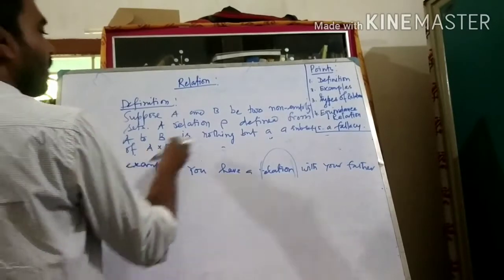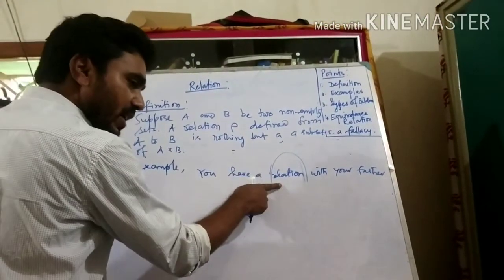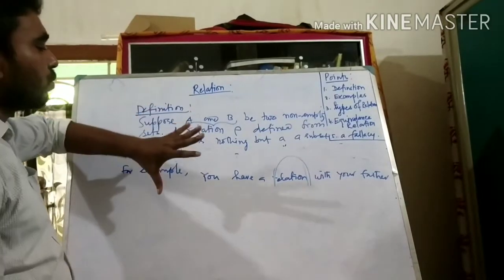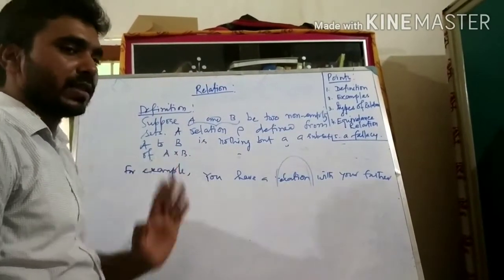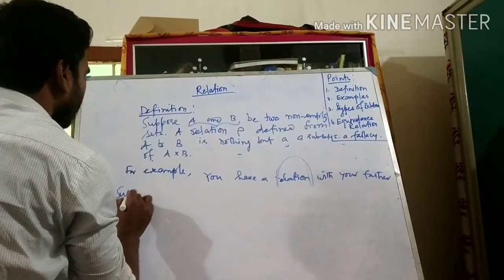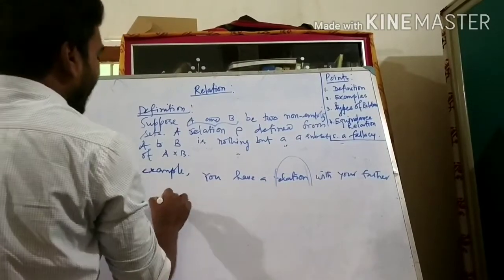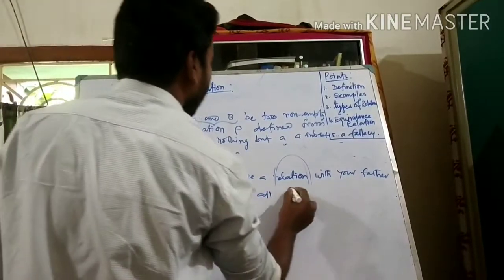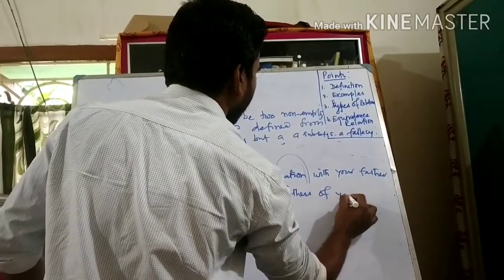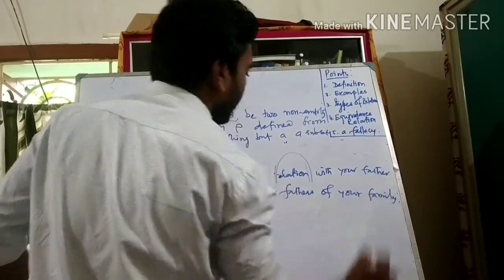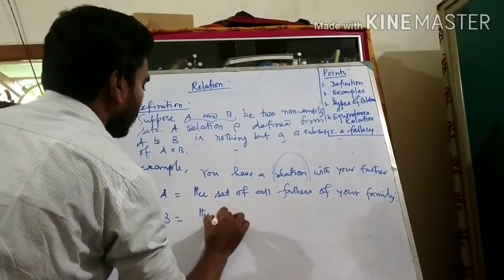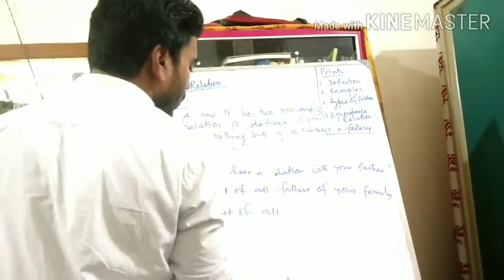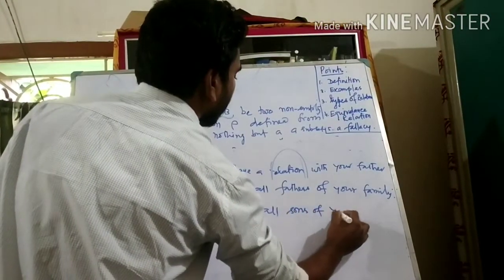So this is our mathematical definition of a relation. To describe this relation, we need two non-empty sets, namely A and B. So we first choose two non-empty sets A and B. Let us suppose A is the set of all fathers of your family, and B is the set of all sons of your family.